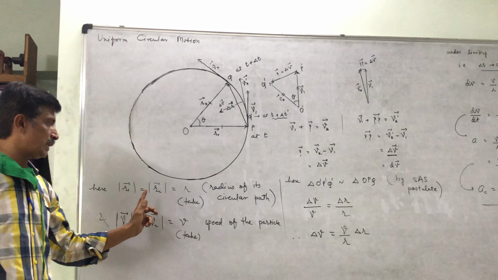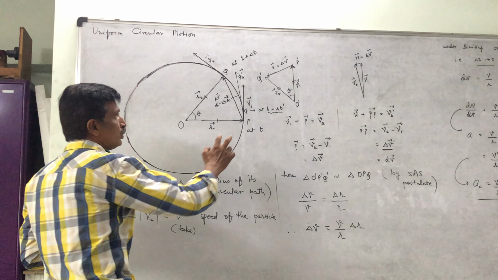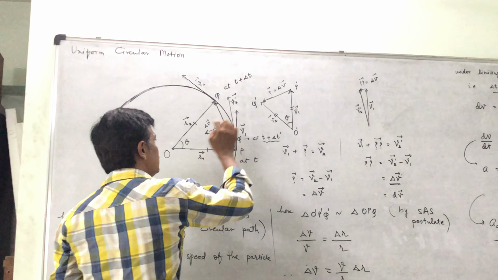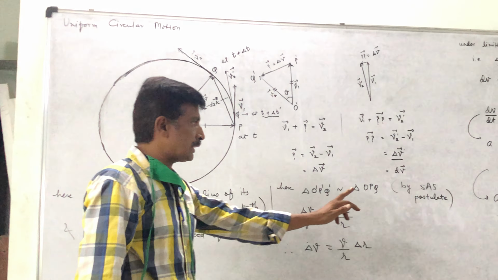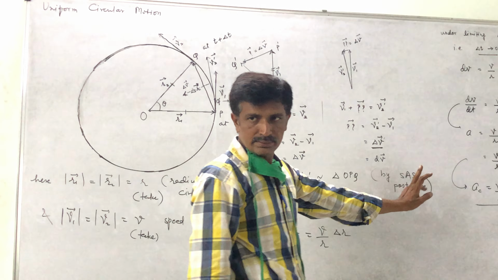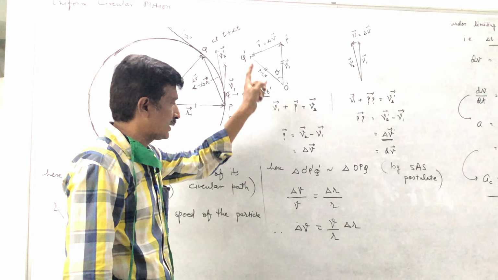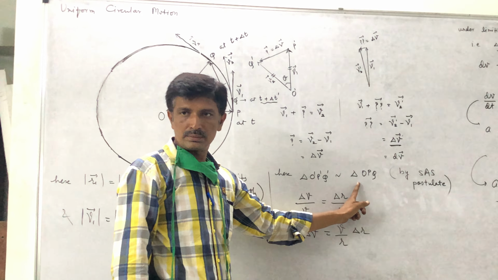So mod of R1 equal to mod of R2 equal to R. These two sides are equal because speed is the same, and this angle is the same, so these two sides are also equal. So by the SAS postulate, side, angle, side, triangle O dash P dash Q dash and triangle OPQ are similar.